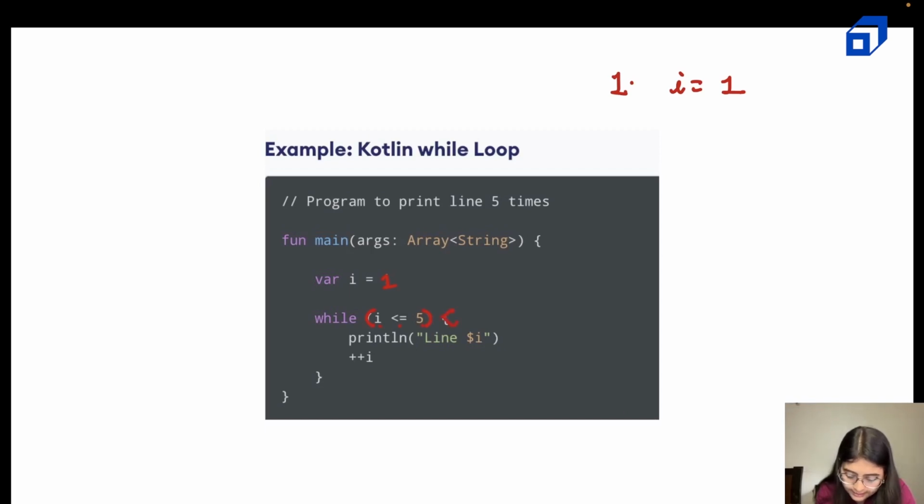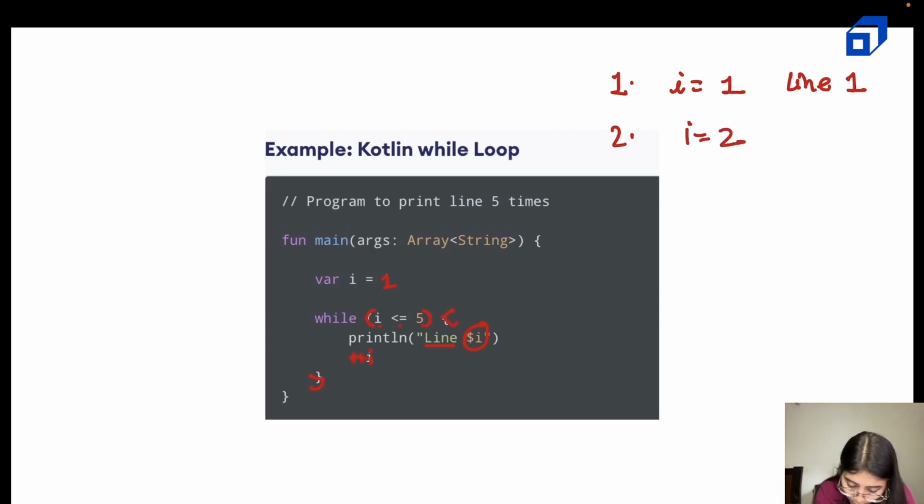So I'll come inside this loop and print line. And what is the value of i? It is 1 right now. After that I will do plus plus i. It is pre-increment. So the value of i now is 2.